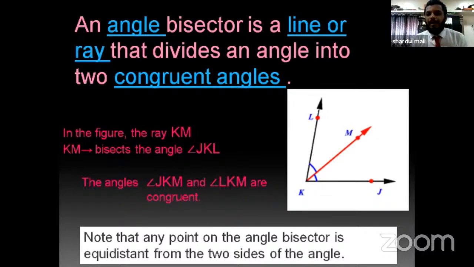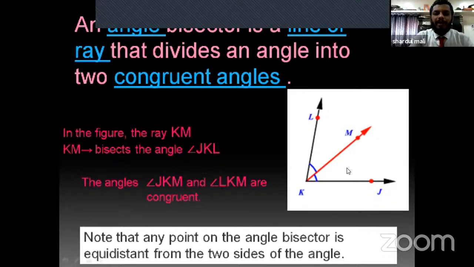Suppose angle LKJ is 70 degrees. After making the angle bisector KM, it is divided into two equal parts. It means that 35 degrees is the measurement of each of the two angles.